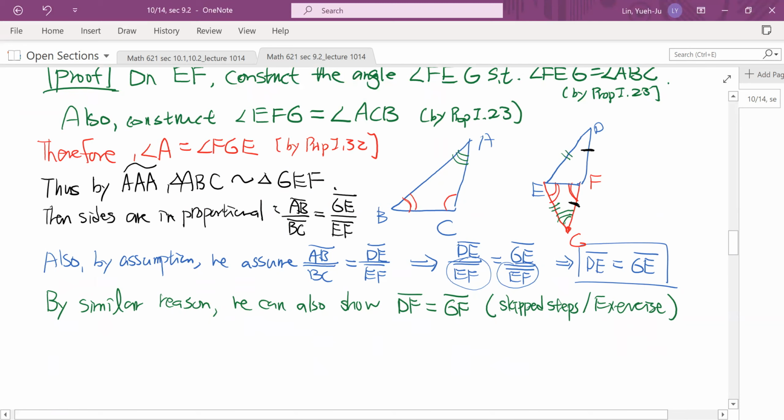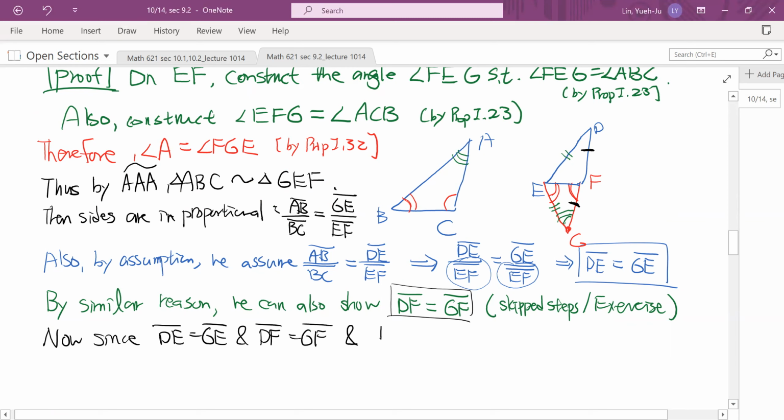Now you can see that we have some information about DEF and GEF. So since we have DE equals GE from earlier, and here DF equals GF as the exercise, and we also have EF as a common side, triangle DEF should be congruent to triangle GEF by SSS.